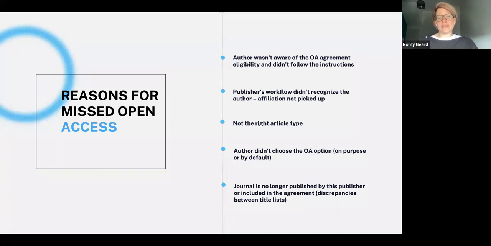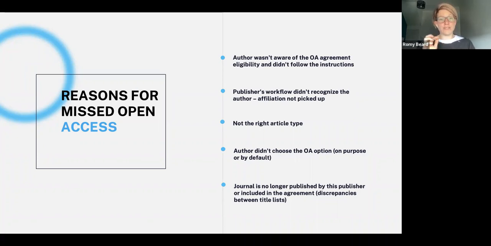And in some cases, I think the author is not aware of an agreement and didn't follow the instructions. Some publishers don't have a workflow, and it's something like you have to email the editor to claim your discount or to say you want to be part of this agreement, which obviously, if you don't know about it at all and you don't know these instructions, you've missed an opportunity. Other reasons could be because the publisher's workflow didn't recognize the author, didn't pick up on it.